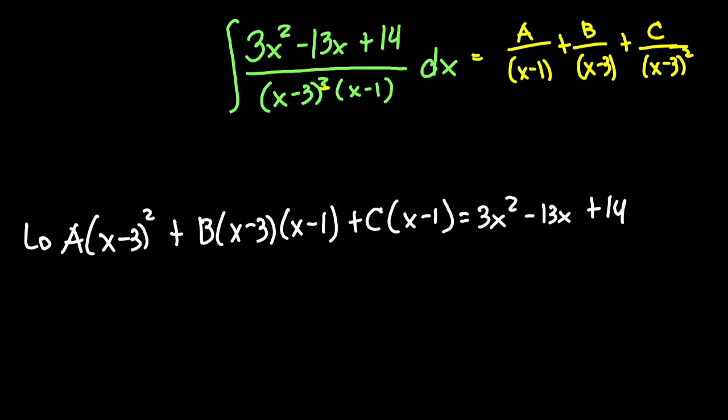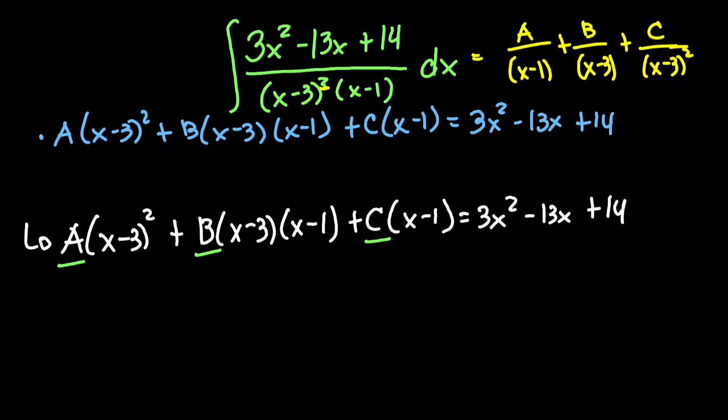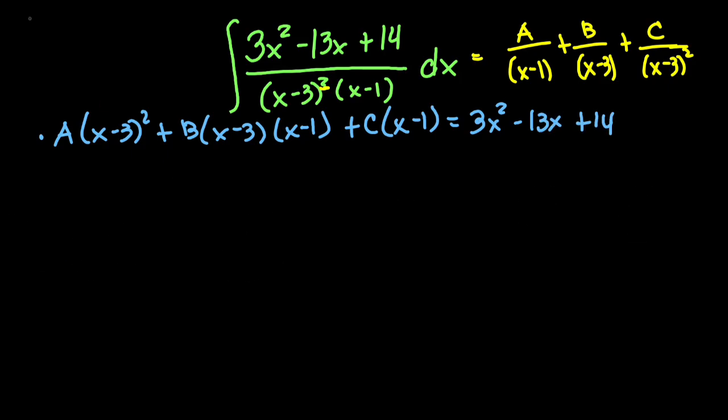So our objective here would be to get the values of a, b, and c now. So let me just rewrite. In order to get the values of a, b, c, let us make use of the two factors here on the denominator. Let us focus on x minus 1 first.